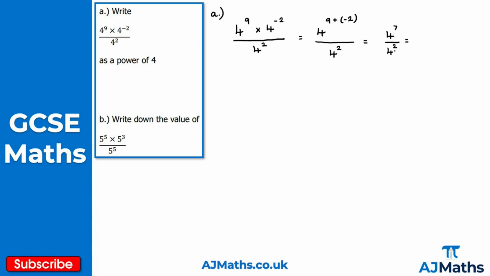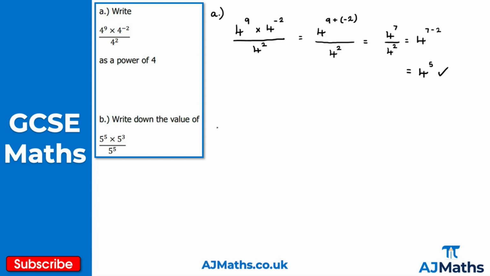Because we're dividing and we have the same base, using the laws of indices again, we now subtract the powers. We're going to get 4 to the power of 7 minus 2. So 7 minus 2 would give us 5. What we get then as a power of 4 is 4 to the power of 5. Okay, and there we have it. So that's the solution to A.